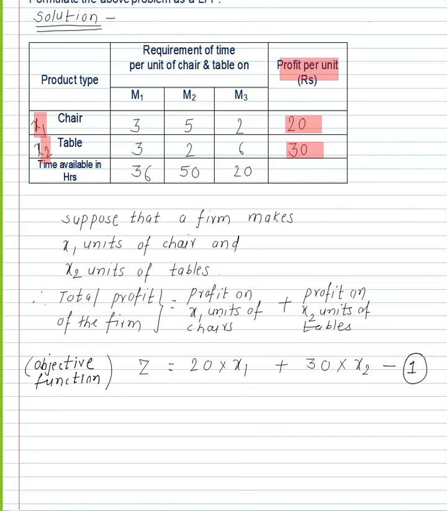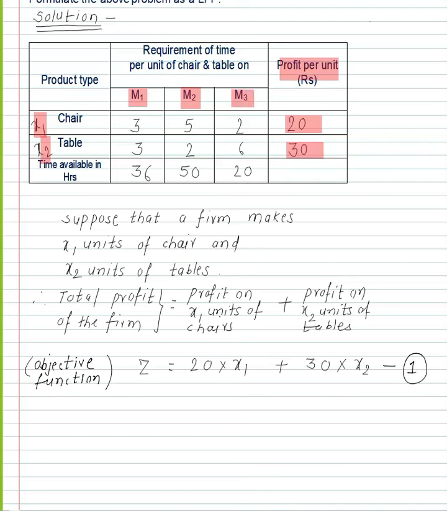Now let us determine the constraints in the problem. There will be 3 constraints. One of the constraints will be on machine M1, second will be on machine M2, third will be on machine M3.